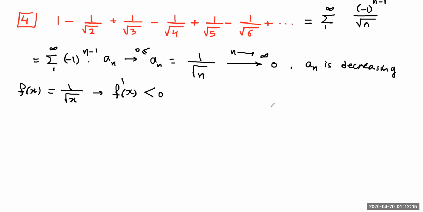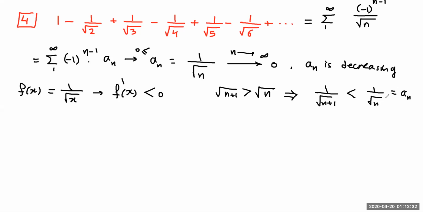Or you can use another method to justify why it's decreasing: root n plus 1 is greater than root n, so 1 over root n plus 1 is less than 1 over root n.